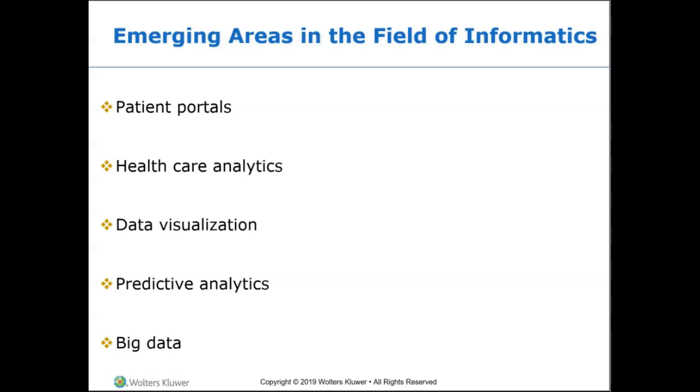Data visualization is the transformation of data into meaningful graphs and charts. Predictive analytics uses statistical techniques to predict possible complications or people who may be at risk. Big data is the collection of all the possible data banks on patients to come up with conclusions using all the data combined.